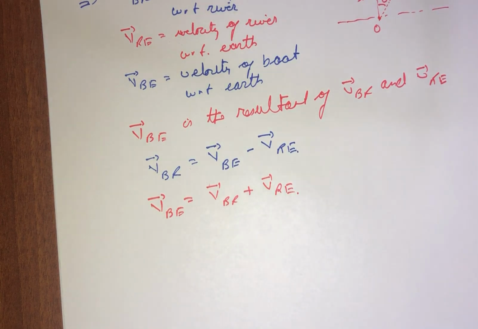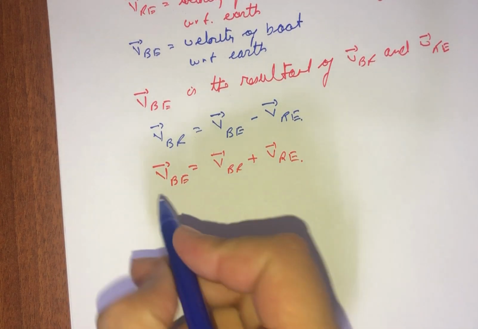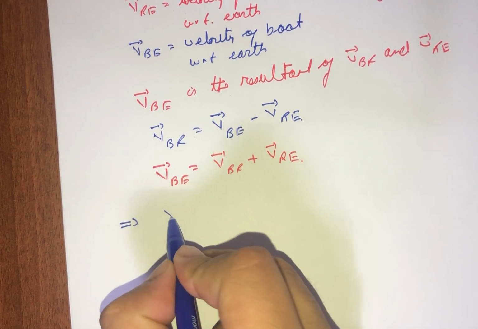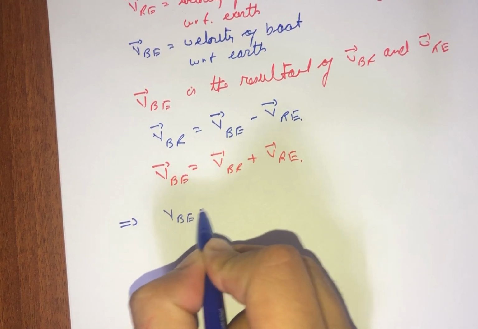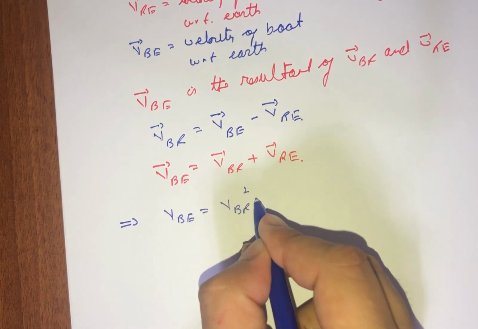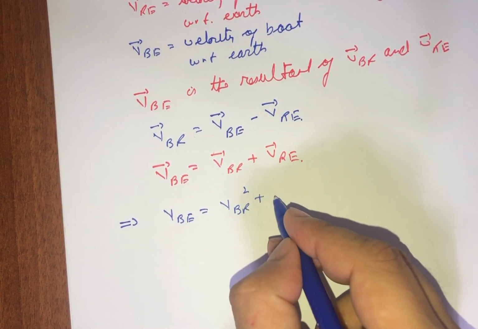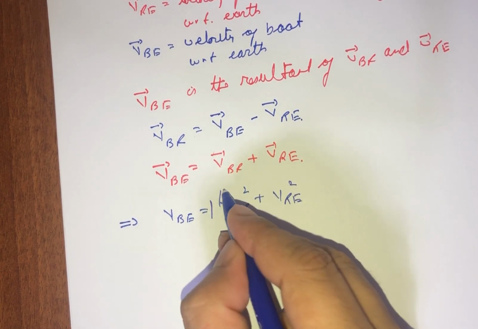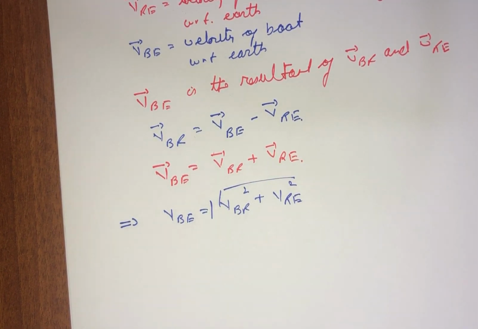So from here we can say that the magnitude of VBE will be equal to the square root of VBR square plus VRE square. And we already know the values of VBR and VRE.